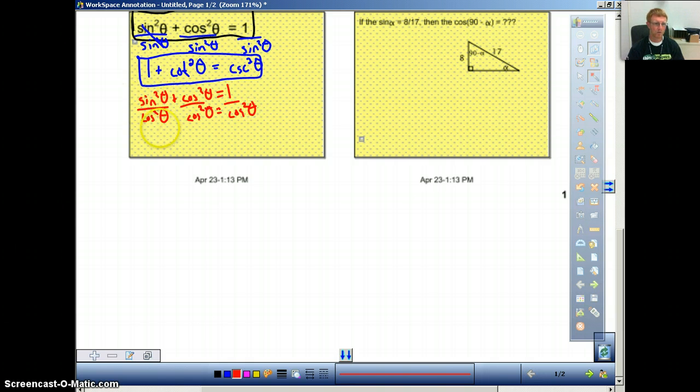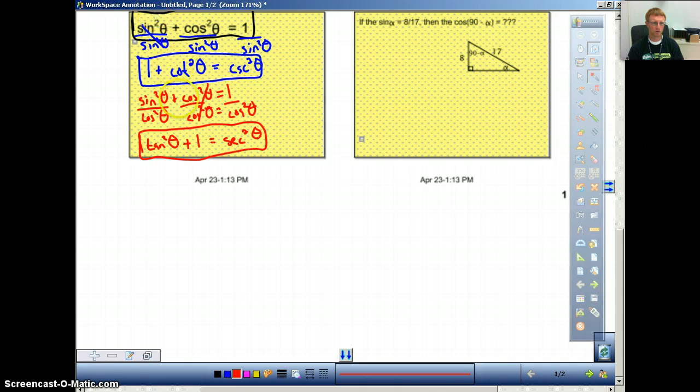So again, here we have sine over cosine. That means we have tangent squared of theta. Cosines will cancel out, so that's plus 1. And then we have 1 over cosine squared, which is the same as secant squared. Okay, so here is our last Pythagorean relationship.